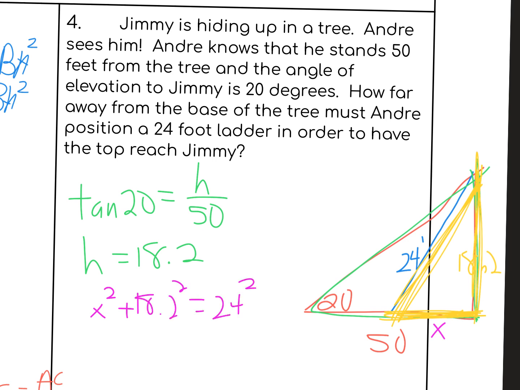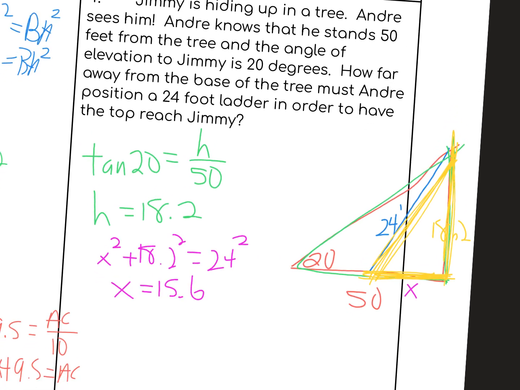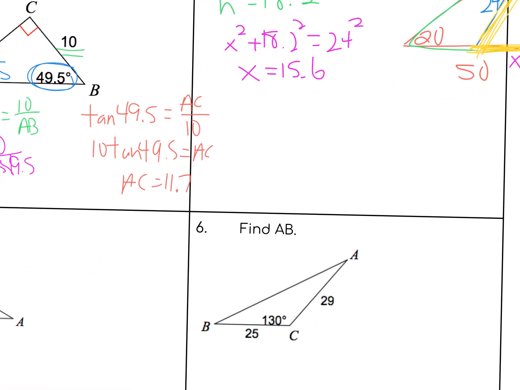So do 24 squared and then subtract 18.2 squared and take the square root of that and you get 15.66-ish. So your answer, you should write out, is that Andre should put the ladder 15.6 feet away from the tree, the base of the ladder, sorry.